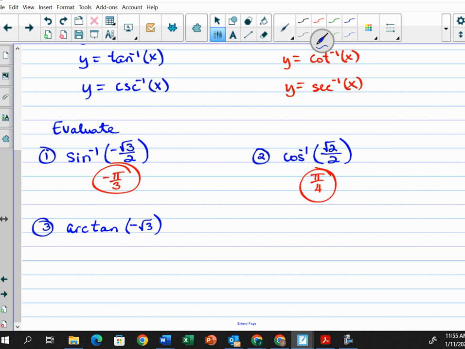It means inverse. You're going to see it written with arc sometimes. I want you to know what it means, because they want to.